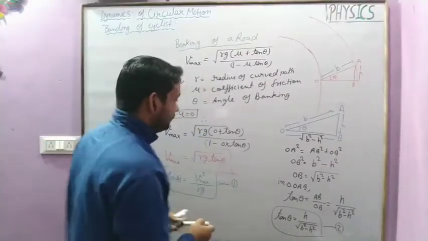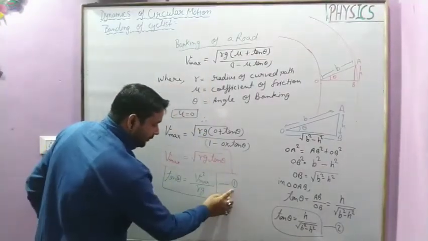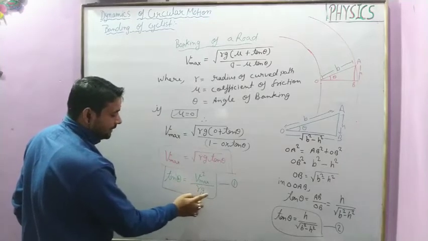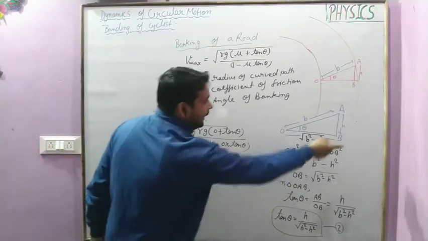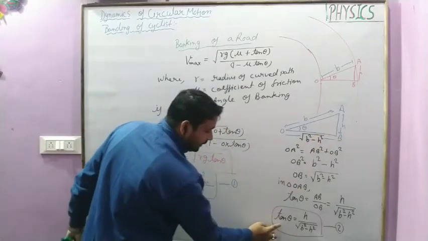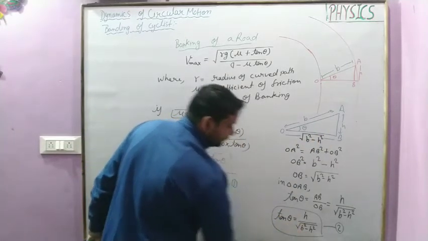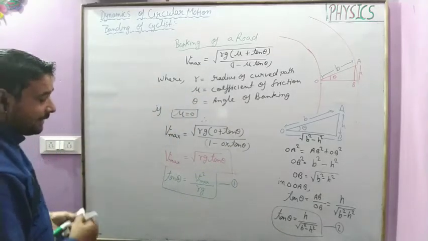Now we have equation first, which is V square upon Rg equal to tan theta, and by using this triangle we get tan theta as H upon the square root of B square minus H square.